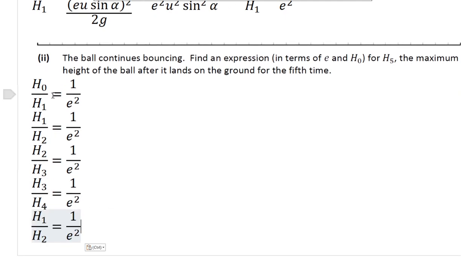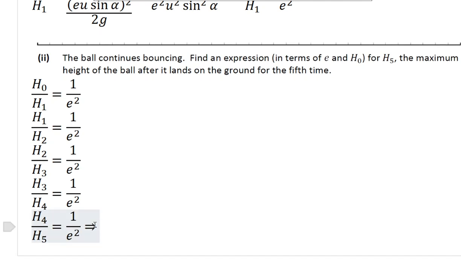But so we've got H0, H1, H1, H2, H2, H3, H3, H4, H4, H5. Hopefully these things aren't triggering anyone. So we want to find H5. And by writing all these things out, we know exactly how many E squareds we're going to need, but I still don't know how we're going to assemble them, or I don't have a vision for that yet.